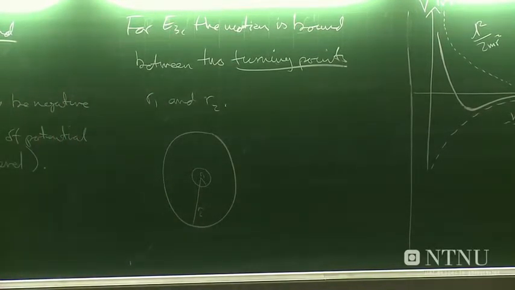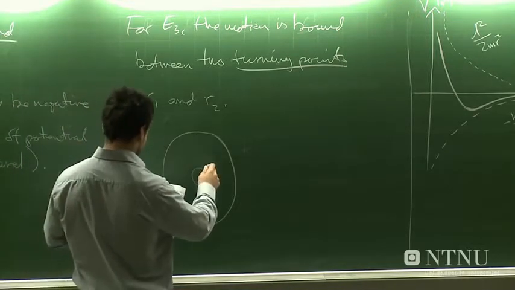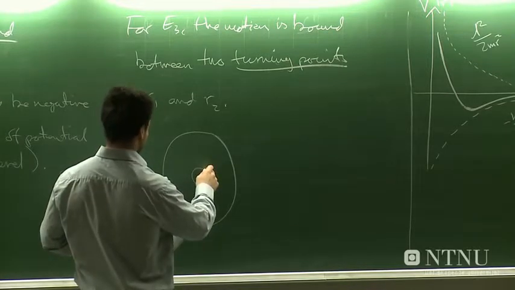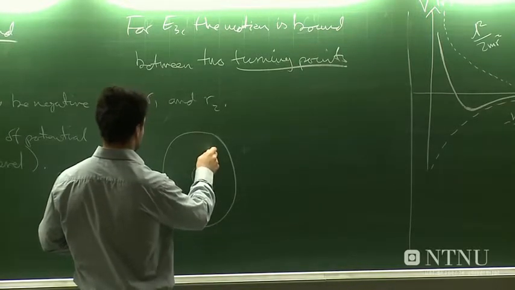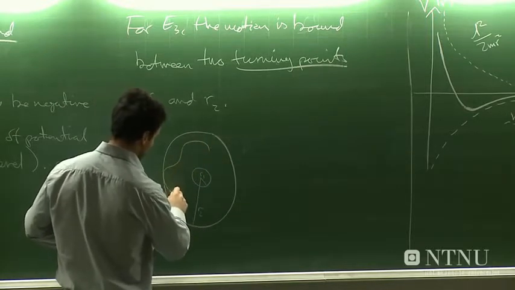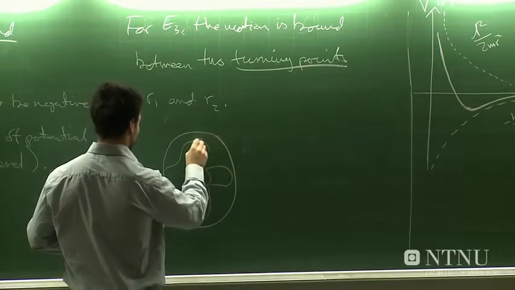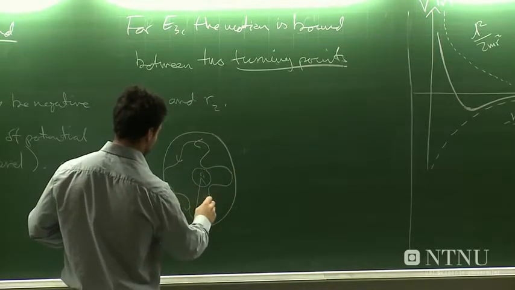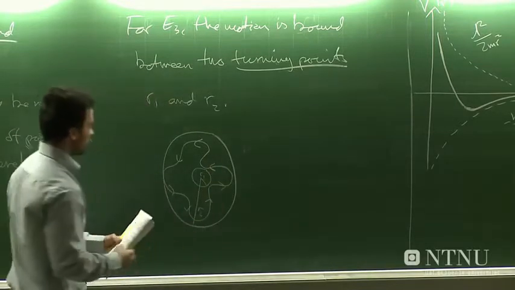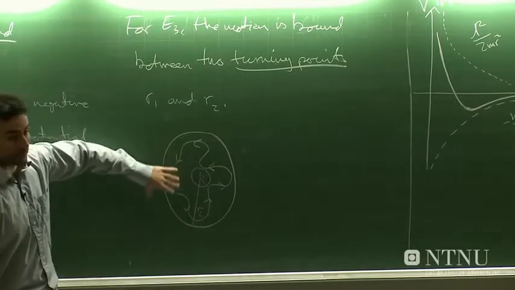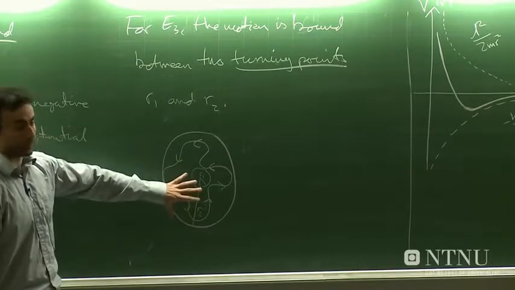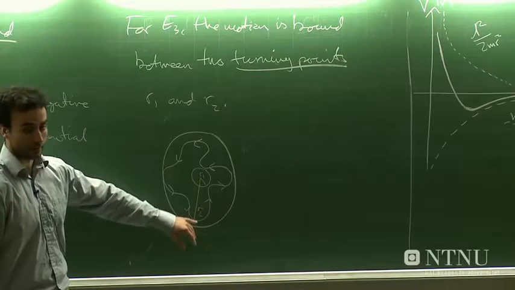In general, we can have an arbitrary type of motion. It depends on the exact choice of the potential energy. But one thing we do know is that the particle can only move inside this regime, inside this donut, if you will, defined by R1 and R2.